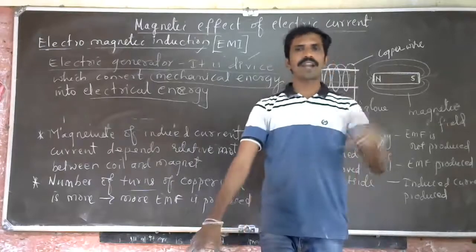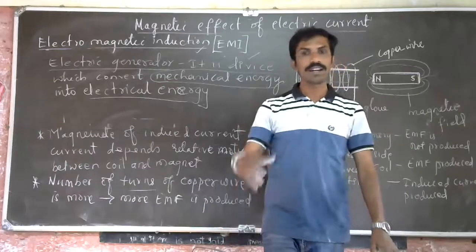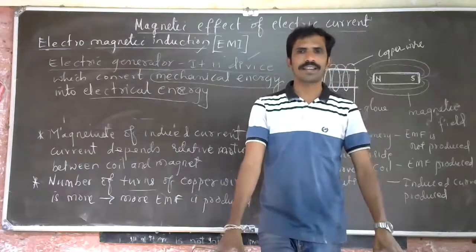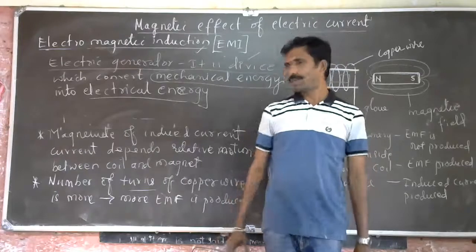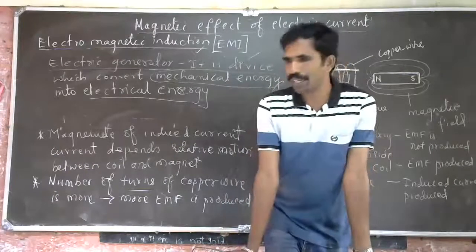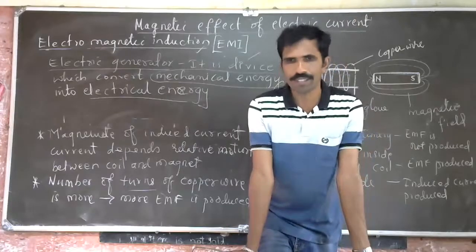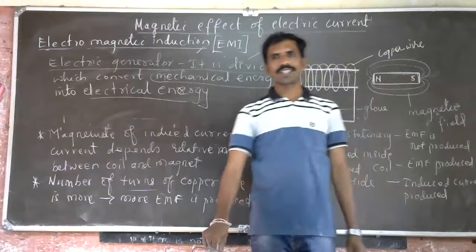Fleming's left-hand rule is for the motor, right-hand rule is for the generator. I hope you have understood the concept of EMI, that is electromagnetic induction.